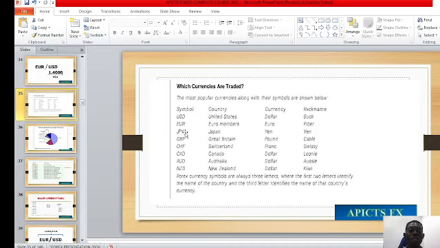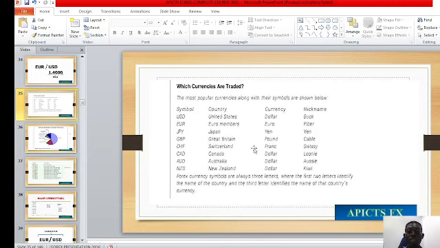Then we have the JPY. JP represents Japan, then the Y represents the yen, which is the name of the currency. You have GBP, Great British Pound. The first two letters represent the country, Great Britain, then the last letter represents the currency of that country. Just like you have NGN, Nigerian Naira. You have GHC, Ghana Cedis, and like that. So you have CHF, Switzerland franc.